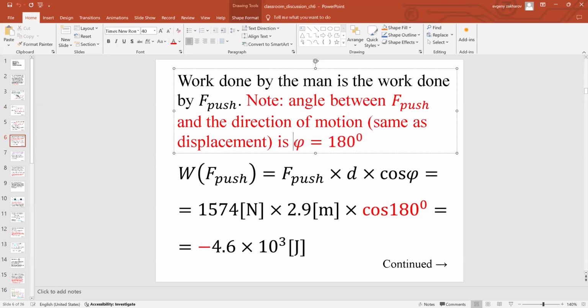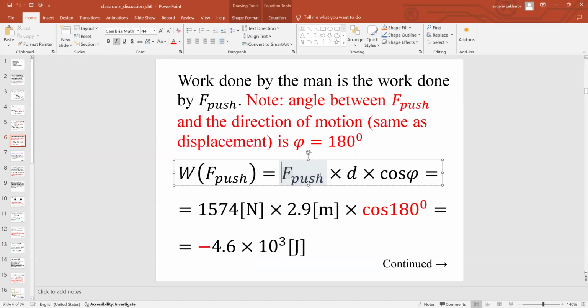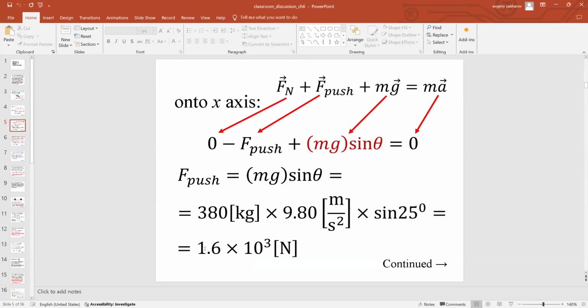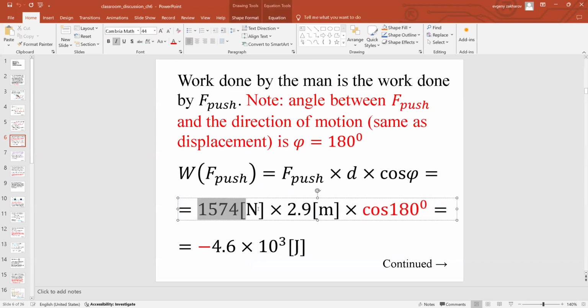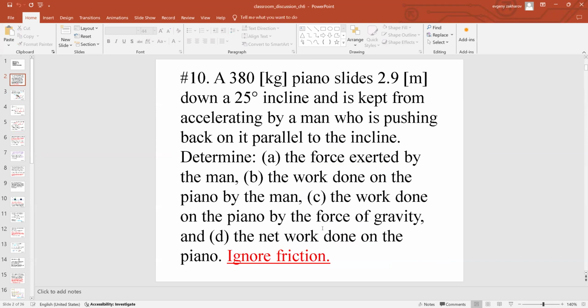So the angle is 180 degrees, and the work done is the force, displacement, and the cosine of the angle. The force is now known. We just calculated it. It's 1600 with 2 sig figs, but with 4 sig figs, it's a little more accurate. So you show the intermediate calculation result, not the rounded one, so that error does not propagate. And displacement is 2.9. I believe it's given.